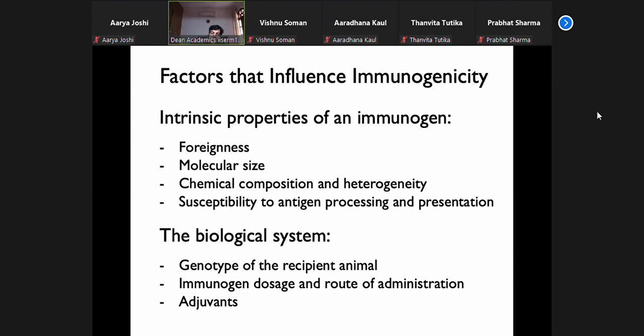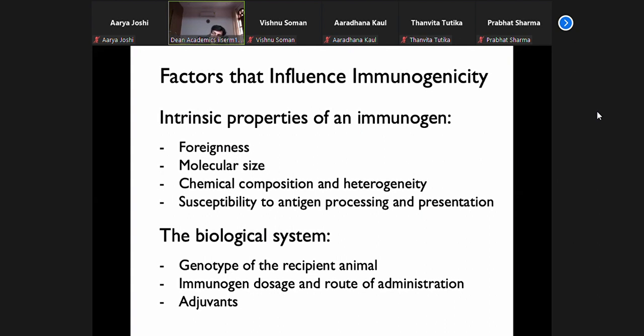In your gut, you have something that we call oral tolerance. If an antigen is entering through these epithelial cells, or enterocytes, they actually induce tolerance. You don't generate an immune response.